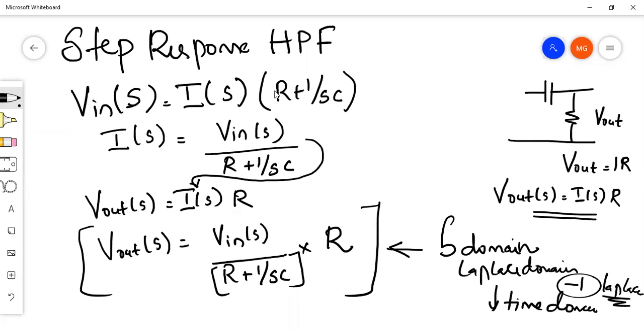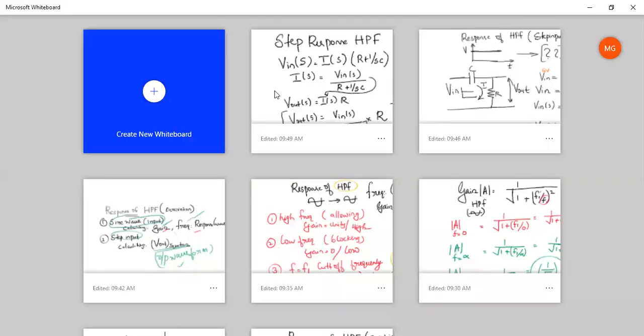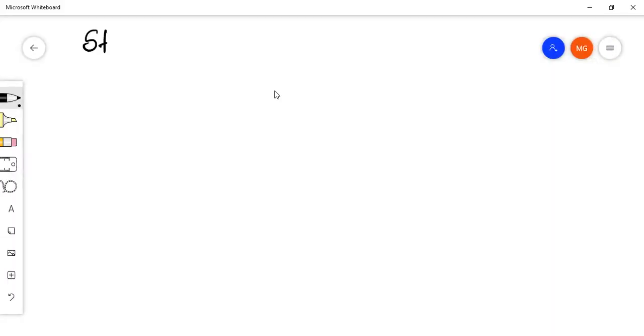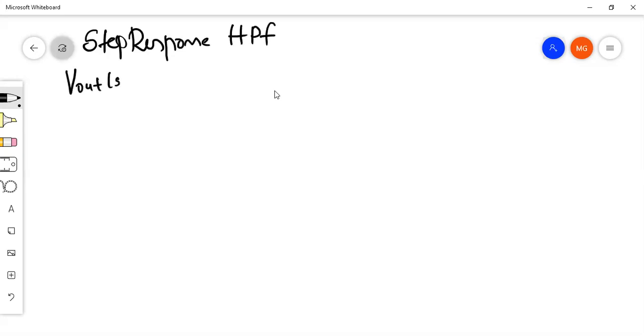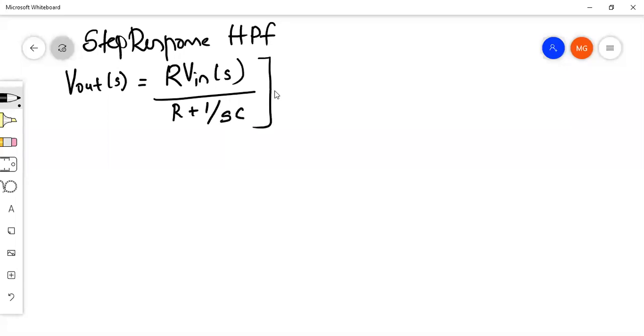So again I am taking this equation and writing it in the next slide. Step response of the high pass filter we are discussing, and we got the output voltage equation, that is V out of S equal to R into V in of S divided by R plus 1 by SC. This is what we got.